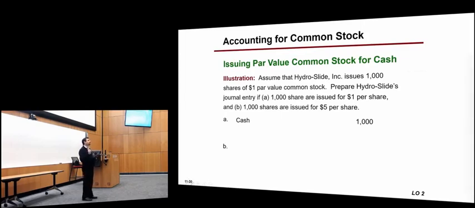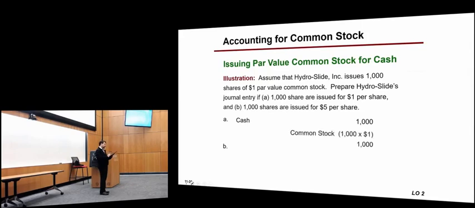Common stock will be credited every time at par value. So in this case, common stock will be credited 1,000. This is par value. What about B? Those 1,000 shares are issued for $5 per share.